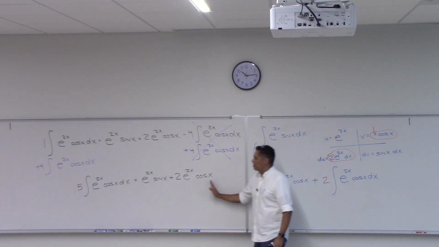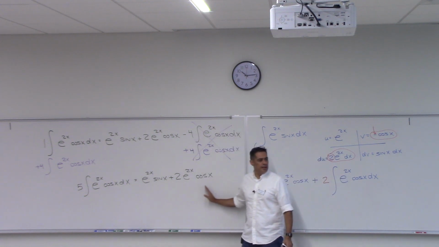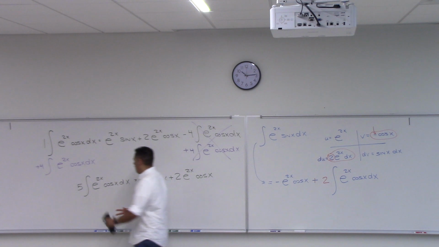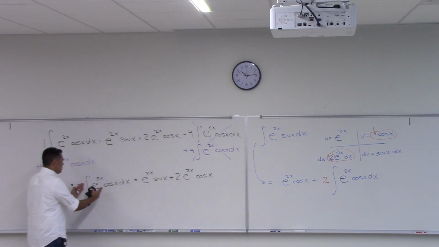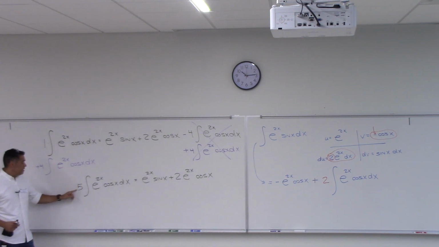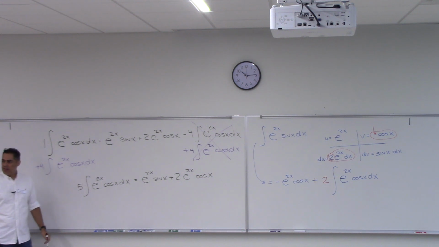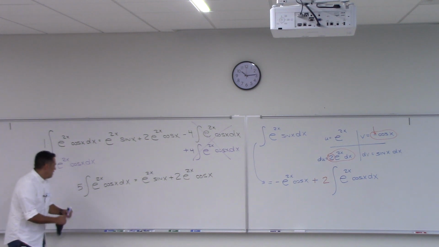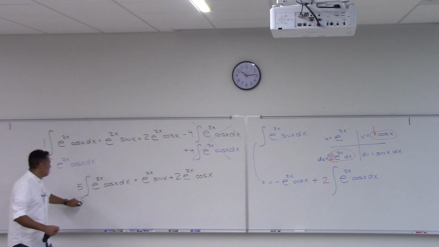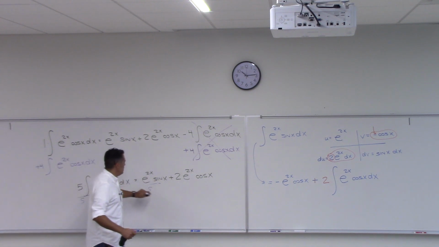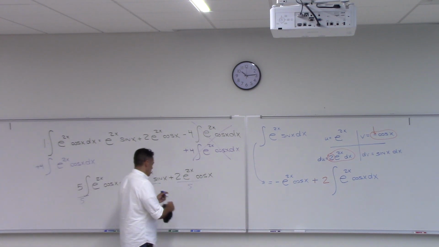Do you see that this side no longer has an integral in it, right? And so if I want to know what the answer to this is, the only thing I need to do is resolve this 5. How do I resolve this 5? Yeah, it's being multiplied, right? So let's just divide everything by 5. So divide this by 5, divide this by 5, divide this by 5. That's a 5.